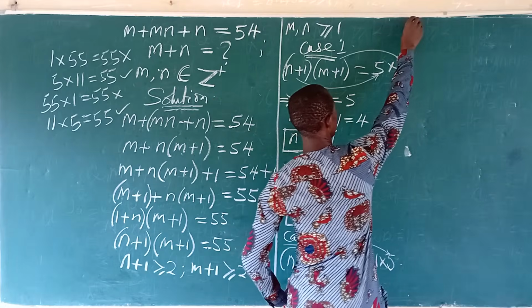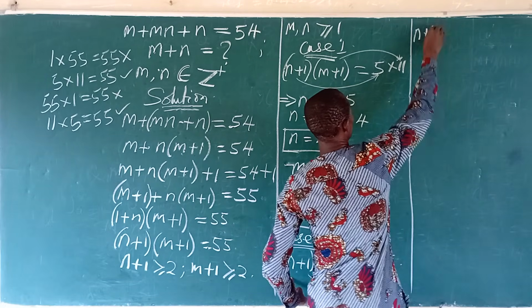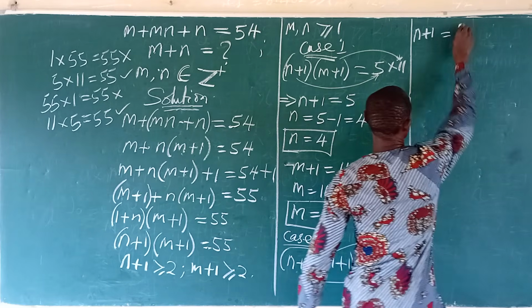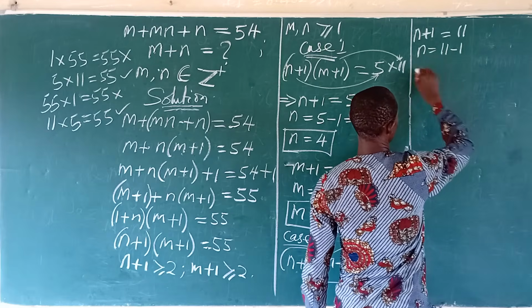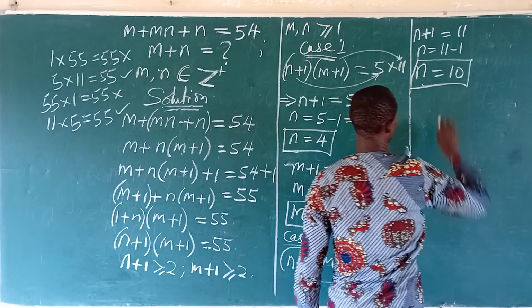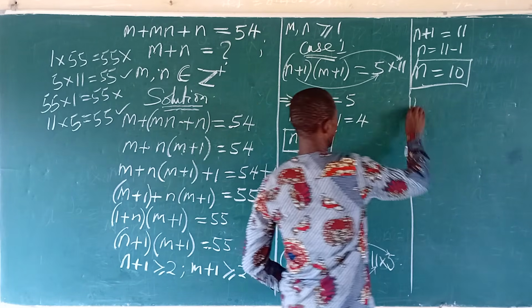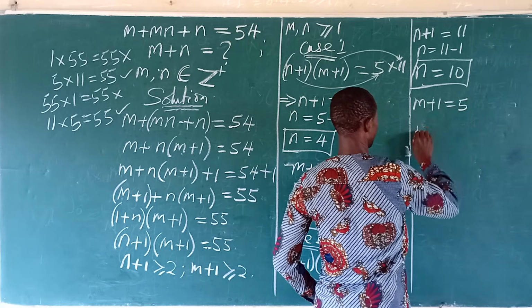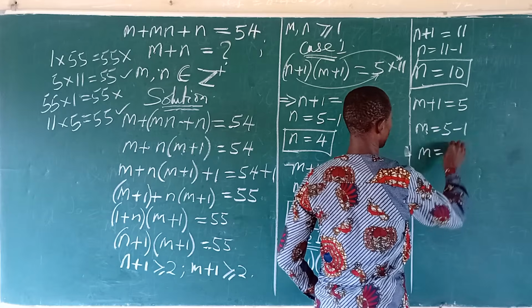Good. So let's continue here. So this is going to give us n plus 1 is equal to 11. So n is equal to 11 minus 1. So n is equal to 10. And if we do the same thing for this other side, we're going to have m plus 1 is equal to 5. So we have m is equal to 5 minus 1. So m is equal to 4.